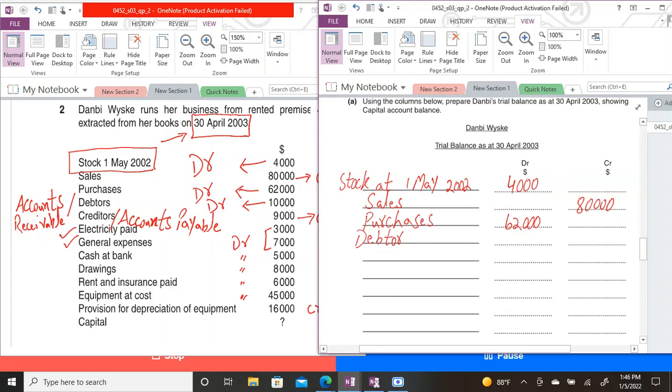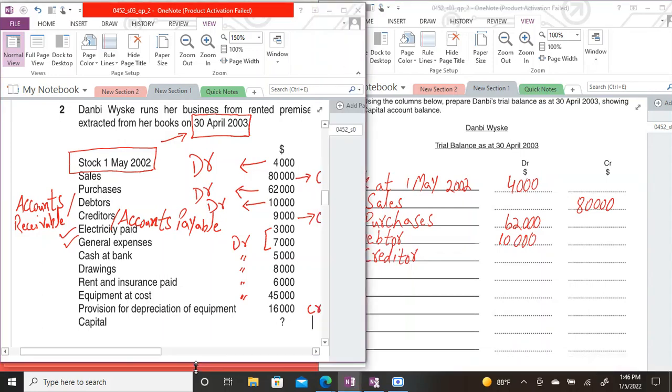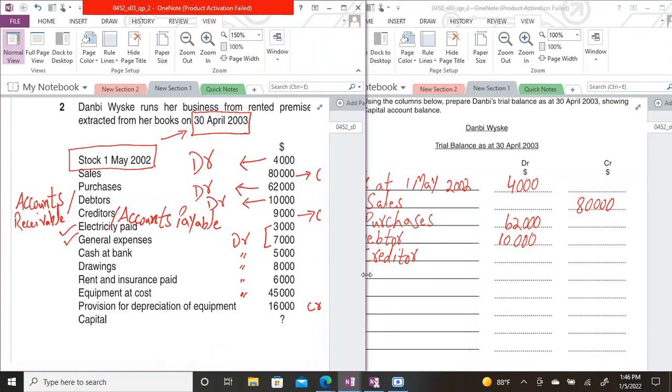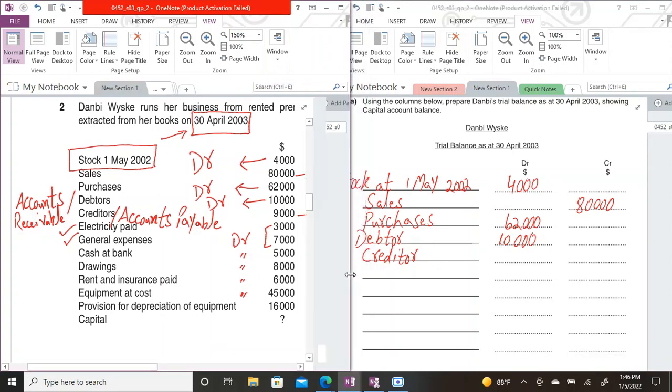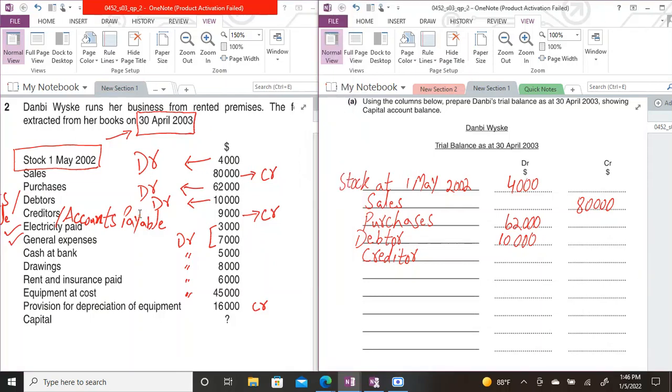Expenses, so expenses are debit. Then debtor or account receivable, it is an asset, current asset, so all current assets are debit. Creditor or accounts payable, it is a liability. So the value of creditors is 9,000.